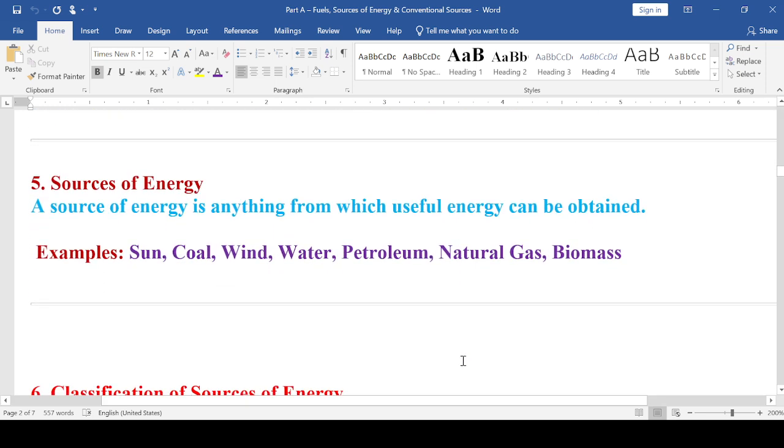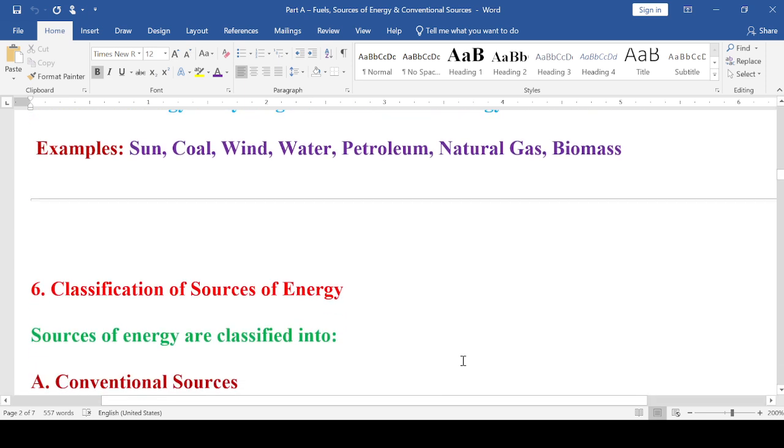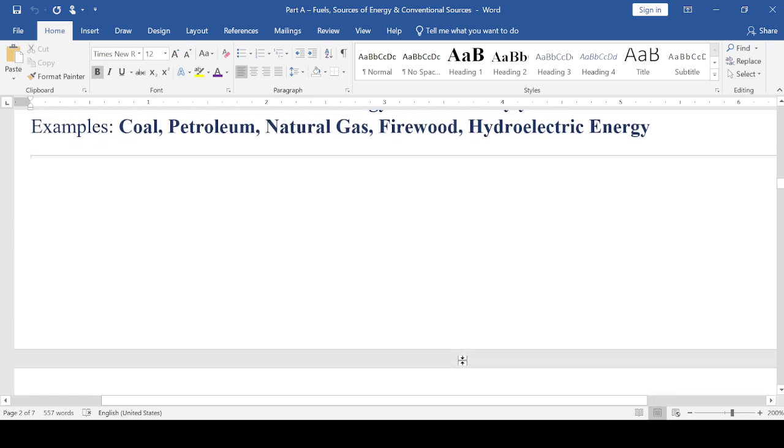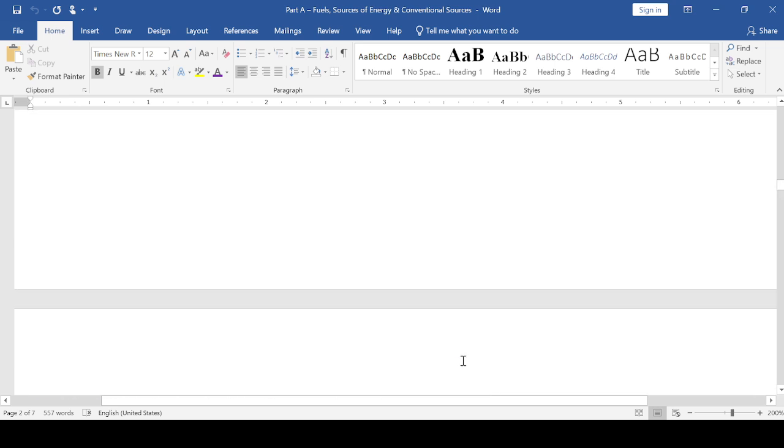Sources of energy. A source of energy is anything from which you are getting useful energy, such as the sun, coal, wind, water, petroleum, natural gas and biogas. Classification of sources of energy: they can be classified into conventional sources and non-conventional sources.